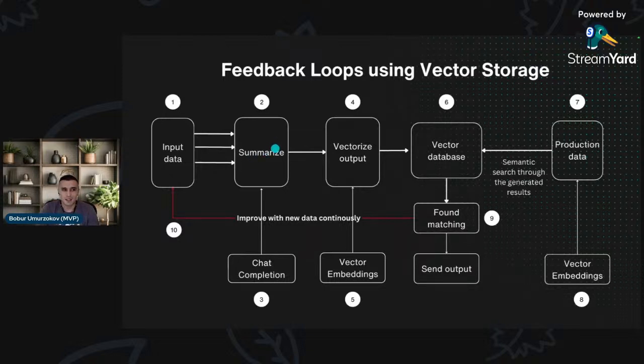And then we are doing this using the chat completion endpoint, of course. For example, I have a 2-sentence piece of information, and I'm making it just 1 sentence by using the chat completion endpoint. Then I'm sending it to the next step, to calculate the vector embeddings from this summary.